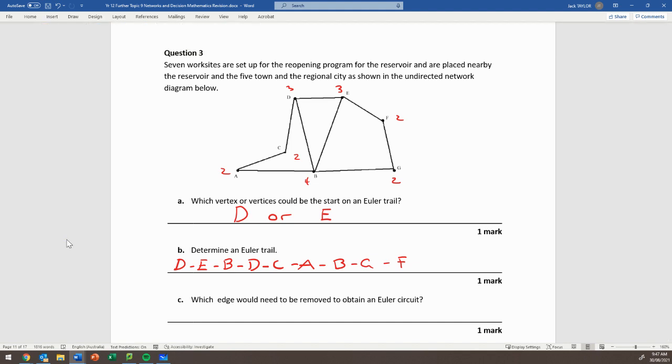So I started at D, went to E, went down to B, I went back up to D, down to C, to A, to B, to G, to F. Whoops, I missed the last one. Back up to E. I need to add that to my answer.